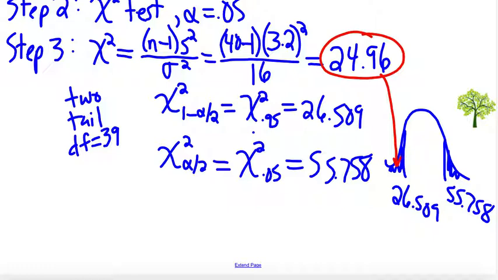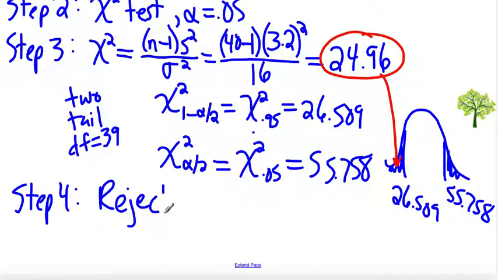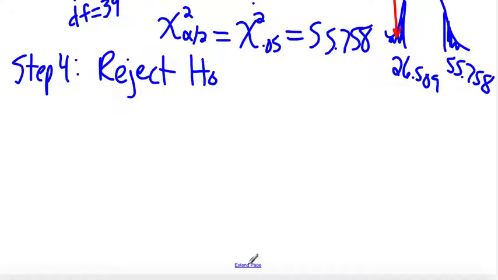So our conclusion is we are going to reject the null hypothesis. We were in the rejection region, so we get to reject.